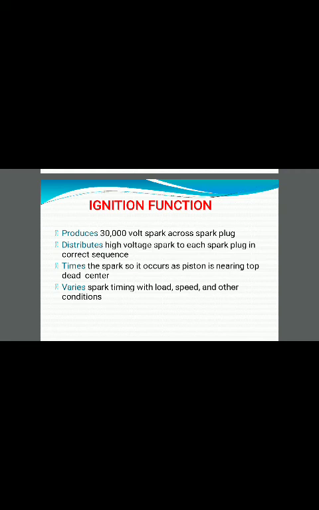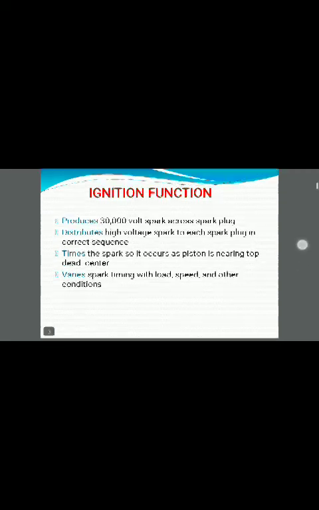The ignition system also has the function of timing the spark so it occurs as the piston is nearing top dead center, TDC. It varies the spark timing with load, speed and other conditions. These are the main functions of an ignition system.